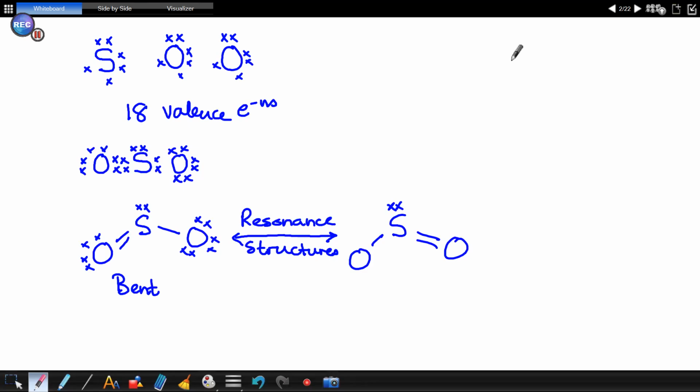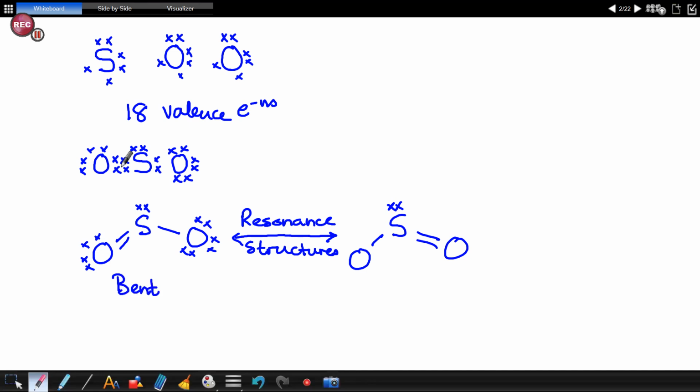But let's look at sulfur trioxide. Are you done with the sulfur dioxide? No, I'm not done with it. Can you write it down? If you put another double bond here, then the molecule should be linear.